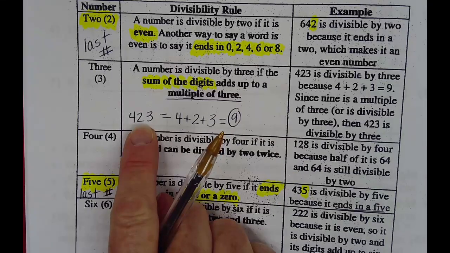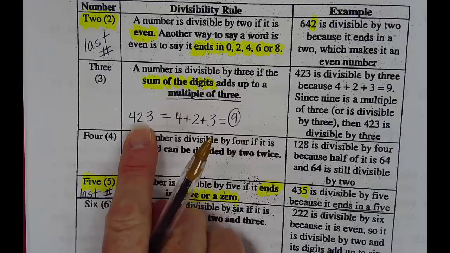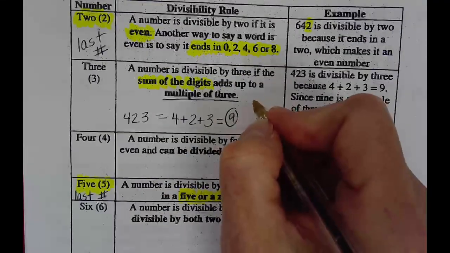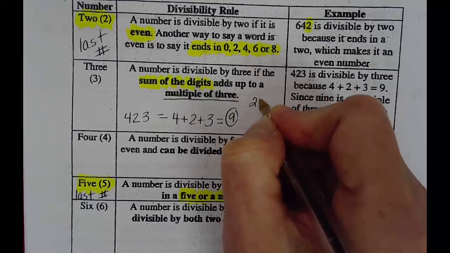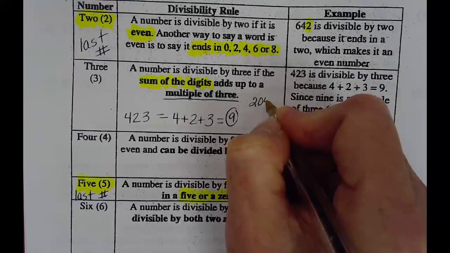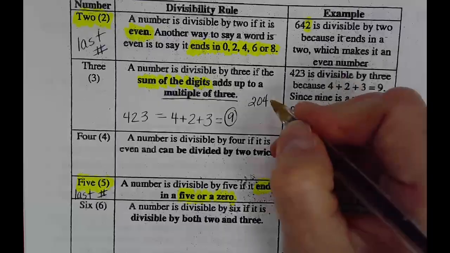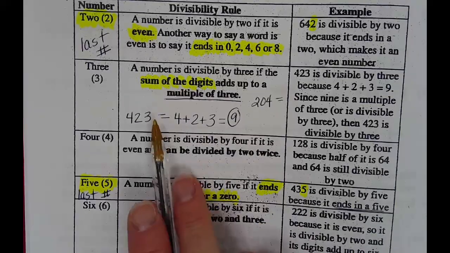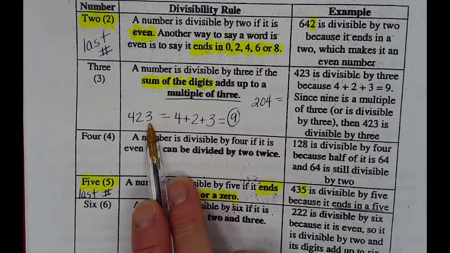All right, so let me come up with another one. Let's say that we have 204. Does 3 go into 204? It doesn't end with a 3. And by the way, just because it ends with a 3 doesn't mean 3 goes into it.